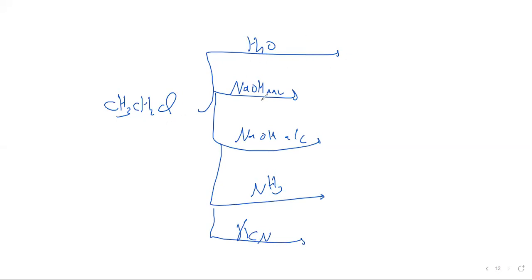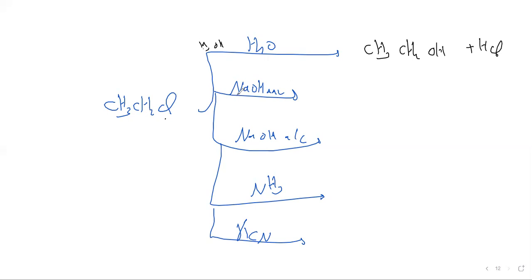In case of H2O, it will produce alcohol CH3CH2OH plus HCl. Why? Because water is H and OH. So H will take Cl to be HCl and OH will replace it.